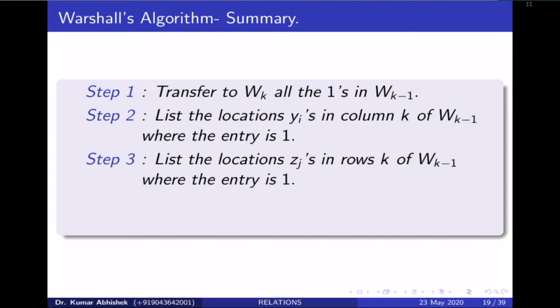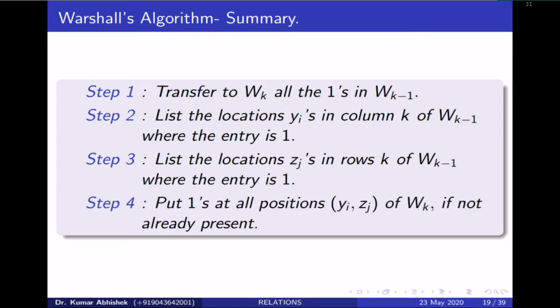In step 3, we list out the locations of zj's in the row k of Wk minus 1 where the entry is 1, and in the final step we put ones at all the positions of yi comma zj of the Wk matrix if they are not already present.